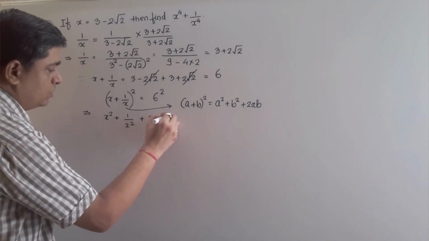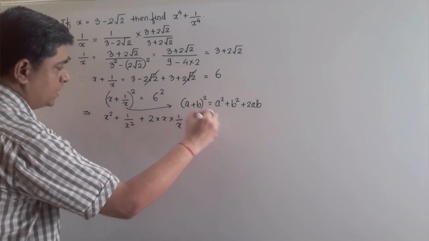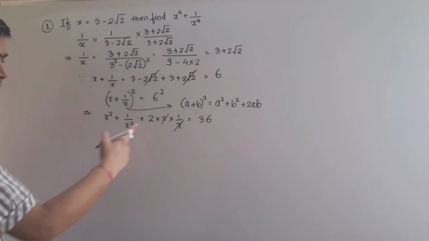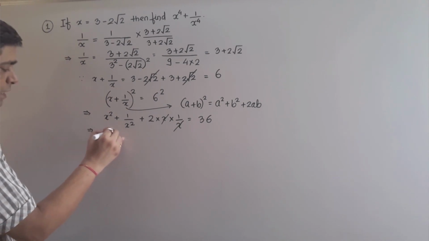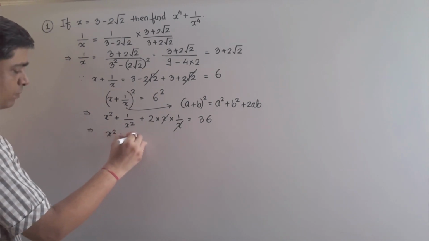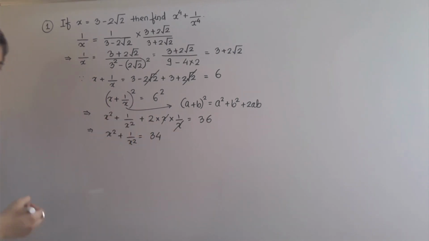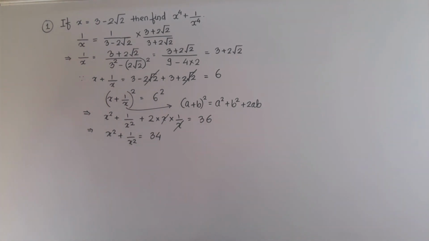So 2 into x into 1 upon x will be equal to 36. Here x and 1 upon x got cancelled, and 2 I am transferring onto that side. So I will get x square plus 1 upon x square is equal to 34. How 34? Because if I transfer 2 there, it will subtract from 36.